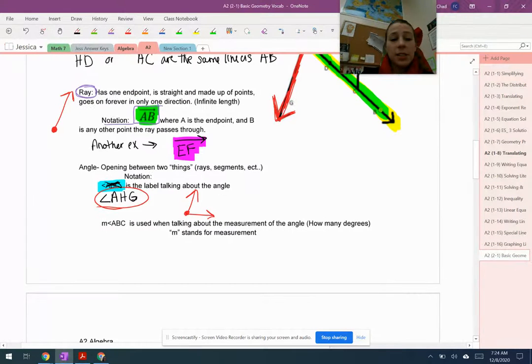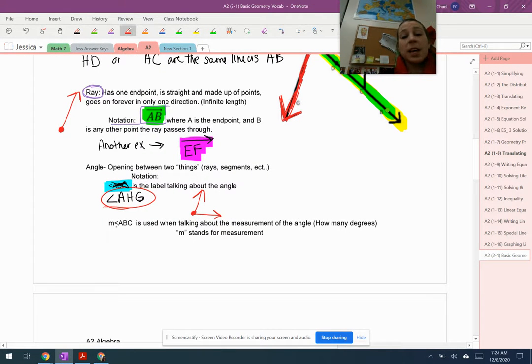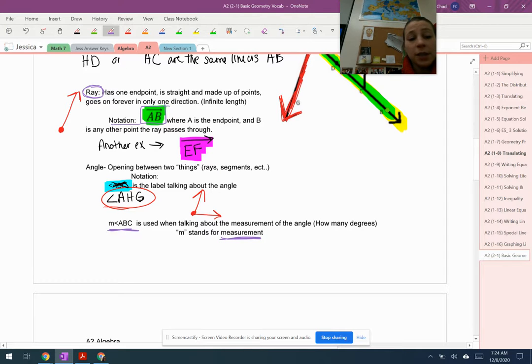And last but not least, the last little thing is when the angle has a little m in front of it, that m stands for the measurement. So this notation right here is read the measurement of angle ABC. So you might see something like measurement of angle ABC is equal to 68 degrees.